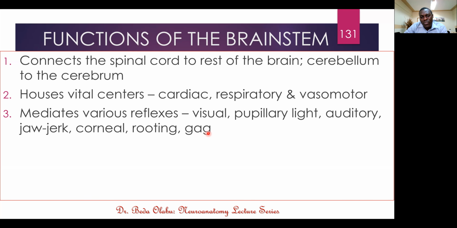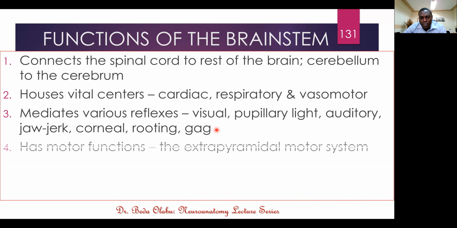So these are a number of reflexes, among others, that are mediated at the level of the brainstem. The brainstem also has motor functions. This is to mean that the brainstem gives rise to upper motor neurons, just like the cerebral cortex. These upper motor neurons control muscles.